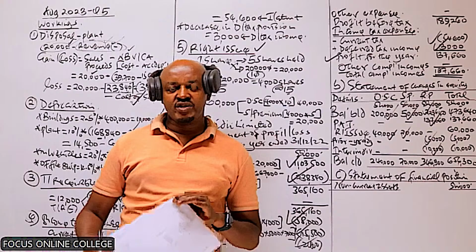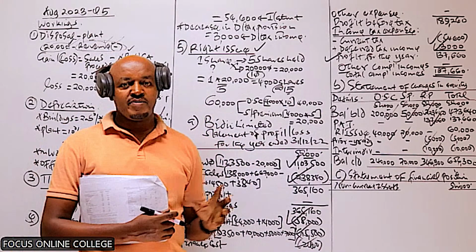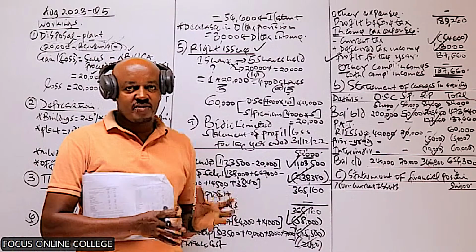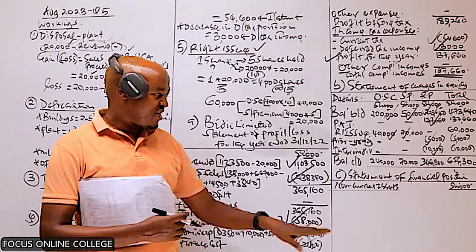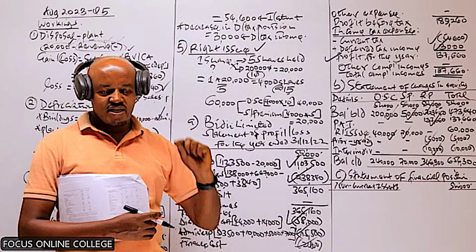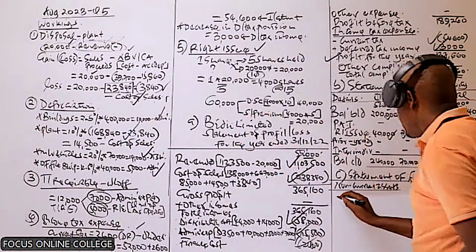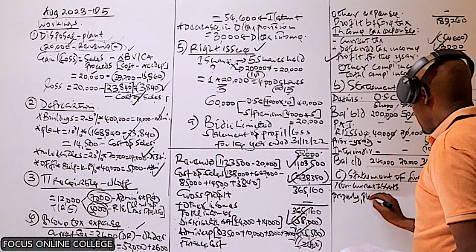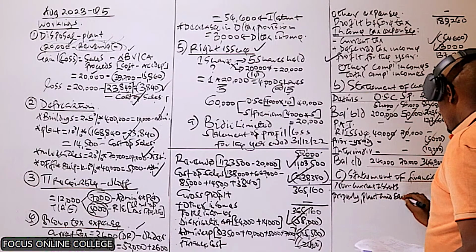But if you recall, when preparing a statement of financial position for publication purposes, we don't record those assets separately. Instead, we compute the total net book value and include them here under the name property, plant, and equipment. So that's what we need to do. Here we will have the property, plant, and equipment.